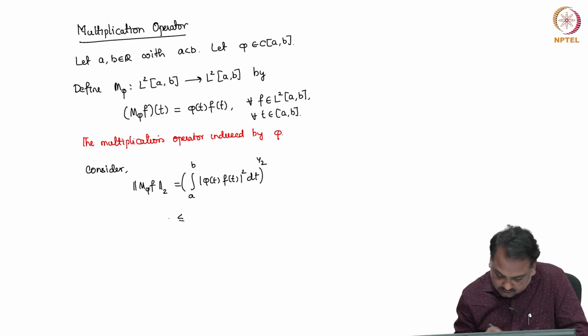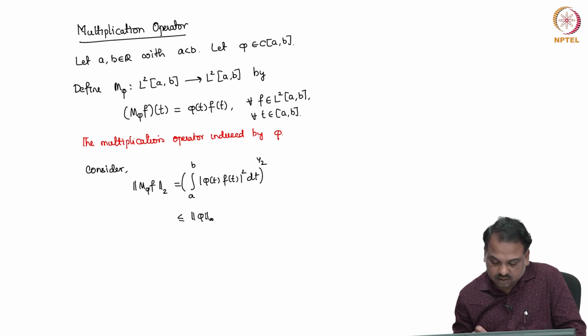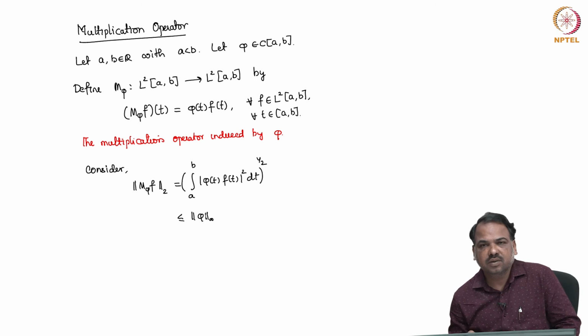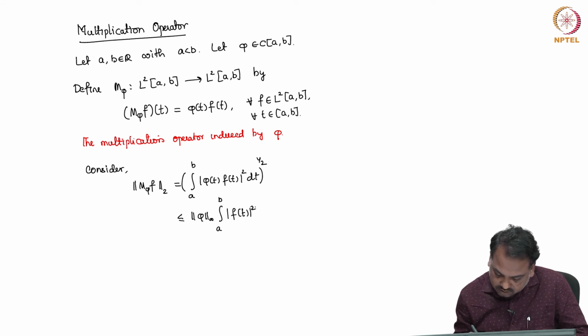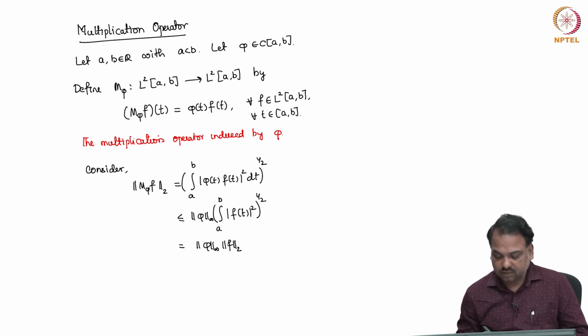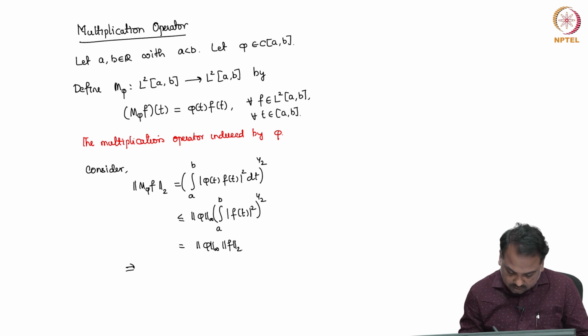Now we can say that this is less than or equal to the sup norm of phi, because mod phi of t is less than or equal to the sup norm of phi, times the integral from a to b of mod f of t squared, whole power 1 by 2. So this is the sup norm of phi multiplied by the L2 norm of f. This implies that the norm of M phi is less than or equal to the sup norm of phi.